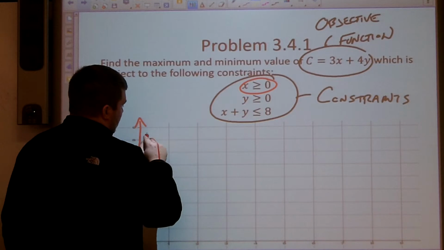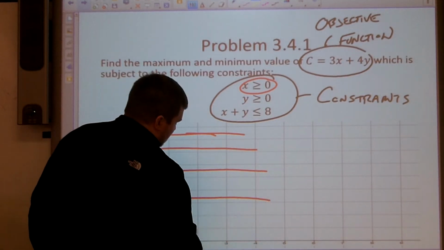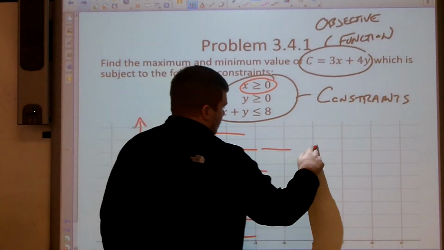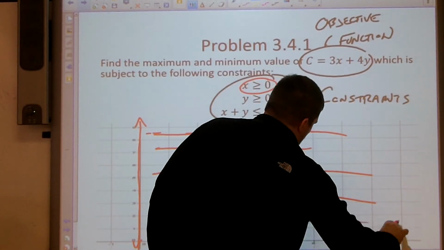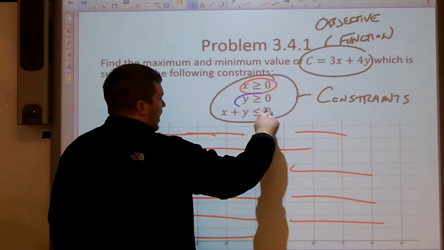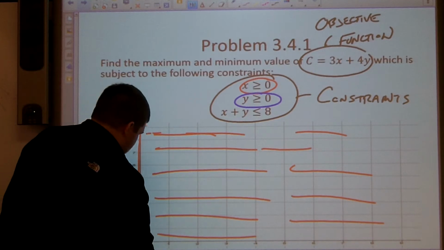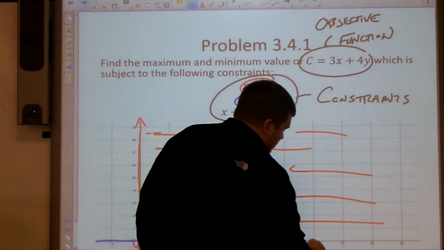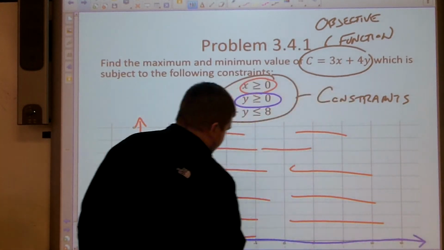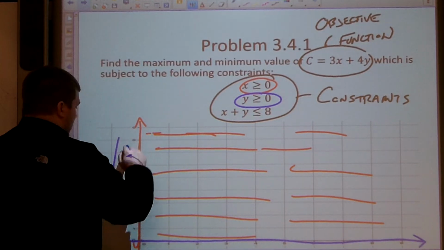I know it has to be everything on this side of the y-axis, okay, because it says greater than 0. Okay, that's pretty easy. The second inequality, y greater than or equal to 0, is just the x-axis. And it's also a solid line. All right. And I know I'm going to just shade above.